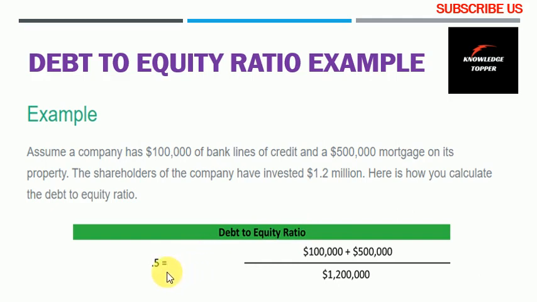So what this 0.5 tells us is that there are half as many liabilities as there is equity in the company. Though each industry has different debt to equity ratio benchmarks, as some industries tend to use more debt financing than others, a ratio of 0.5 means there are half as many liabilities as equity, or you can say the assets of the company are funded 2 to 1 by investors to creditors.